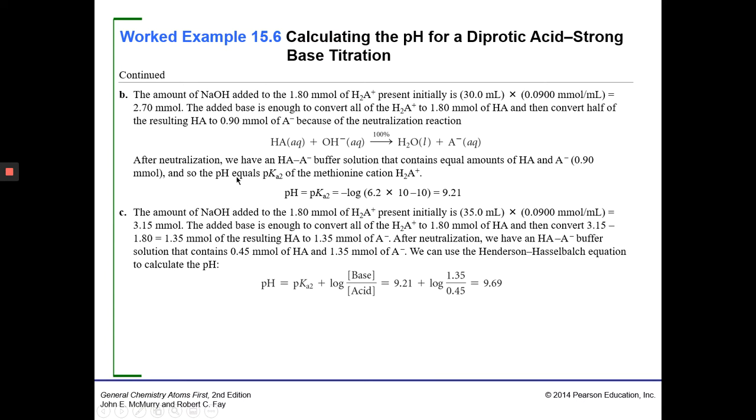So after neutralization, we have an HA A minus buffer that contains equal amounts of HA and A minus. So in other words, we're at the halfway point between the two equivalence points. And at this point, our log term would become 0 and pH equals pKa2, which is 9.21.